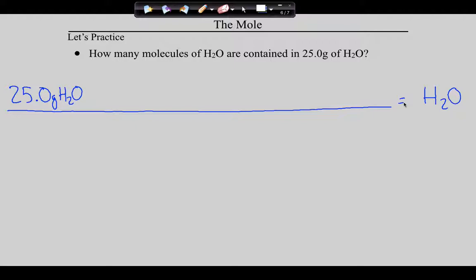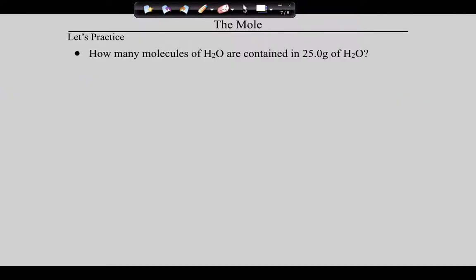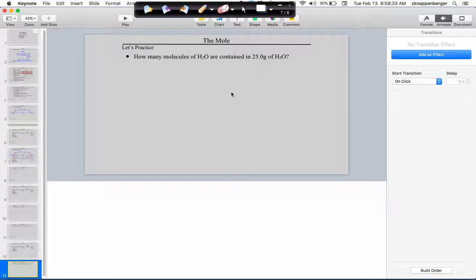Okay, so now guys, let's play the same game. Where are we starting? Mass. Where are we going? Molecules, which are what? So guys, here we go. Mass to particles.